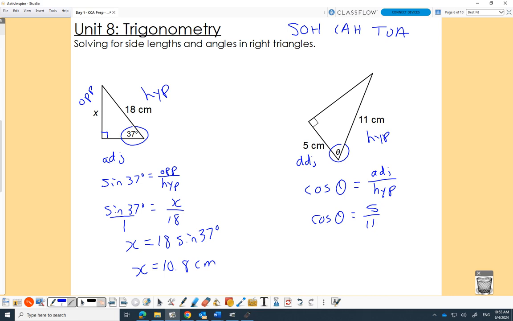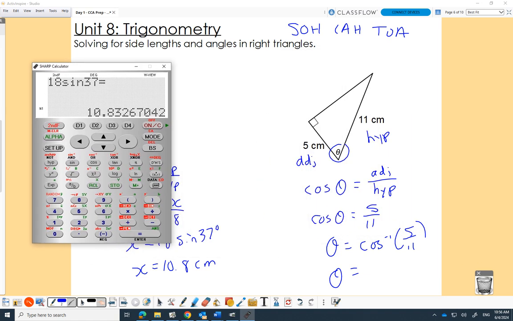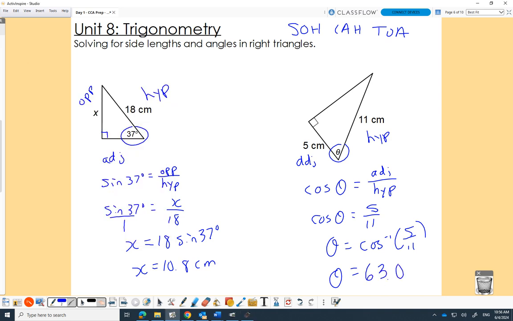So I have to find out what angle they used. So theta is the cos inverse of 5 over 11, which means undo cosine: find out what the angle was that produced this 5 over 11. You hit shift cos, and then 5 divided by 11. And I get 62.96, which even rounded to the nearest degree is still 63.0 degrees.